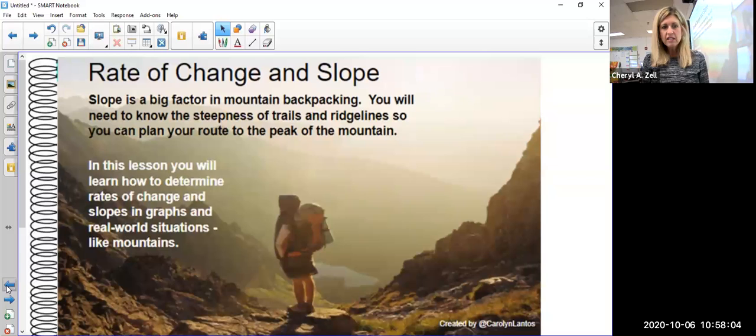So in this lesson, you're going to learn how to determine what that rate of change is. And by the way, you're going to learn that rate of change is the slope, okay? I'm going to show you how to figure that out in graphs and in equations. You're going to learn about the line, the steepness of the line. So I put three videos in today's folder.